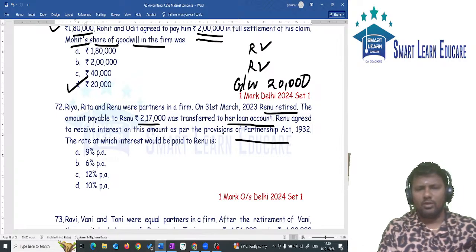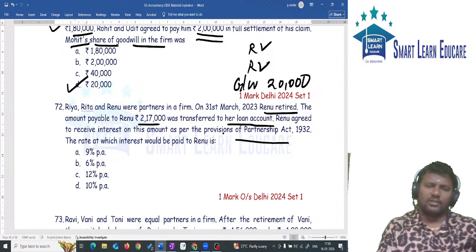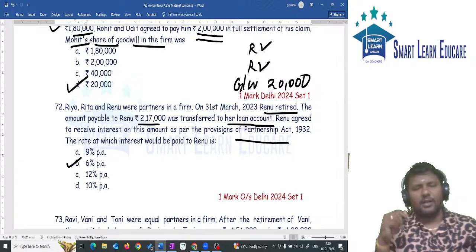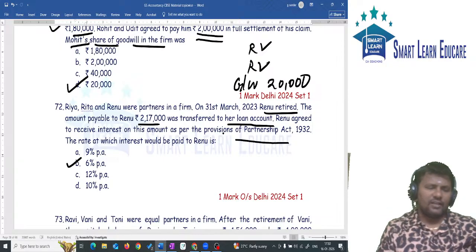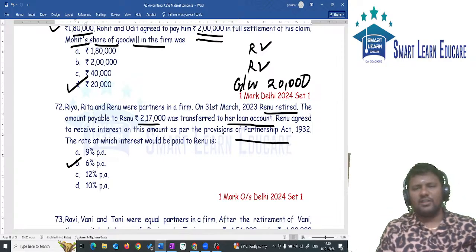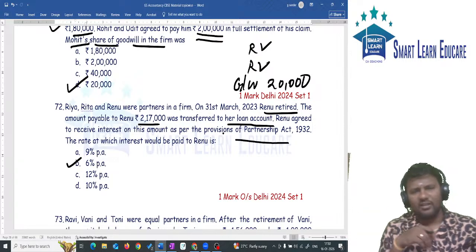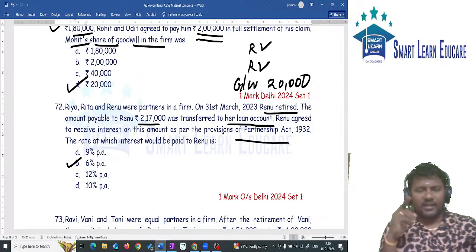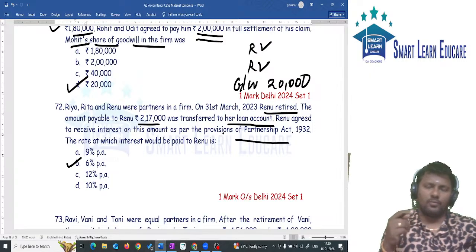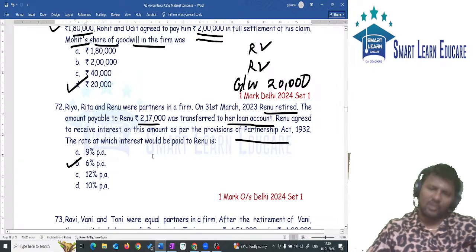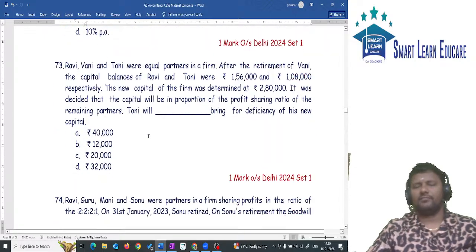Already I told you, in case interest on loan is not given, it should be paid at 6%. What are the salient features of partnership? If the profit sharing ratio is not given, it should be shared equally. No interest on capital, no interest on drawings, no salary or remuneration to partner. But if interest on loan is not given, it should be at 6%. So that 6% should be given.